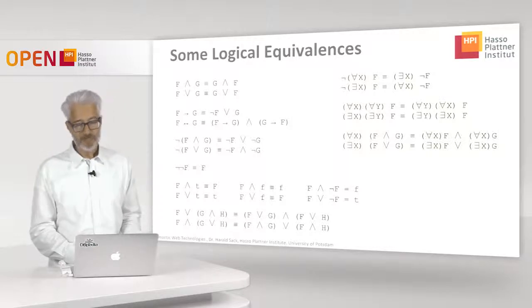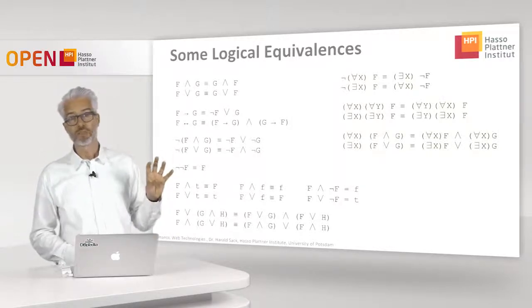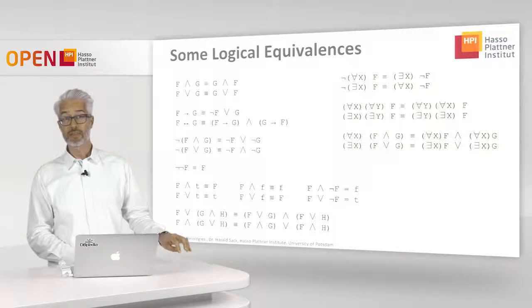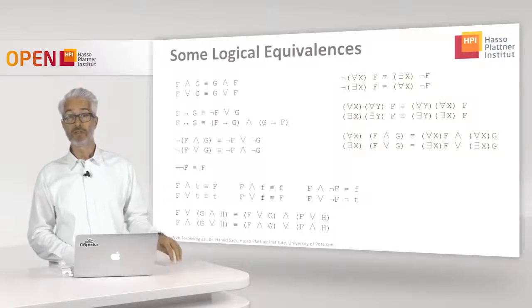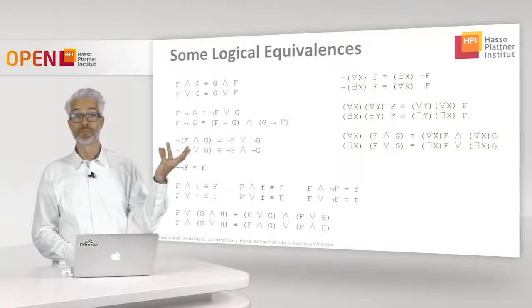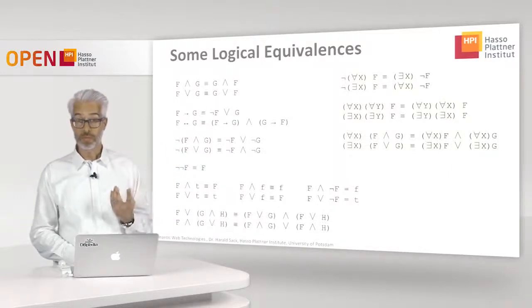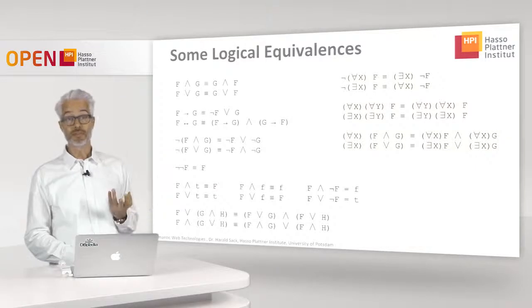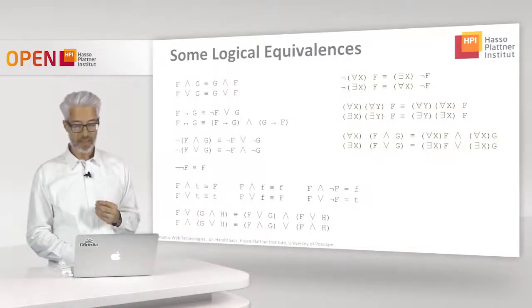Then, of course, if I'm considering the same quantifiers, then the quantifiers are also commutative, so they can be exchanged. This is not possible if I look at different quantifiers. We will see this later on.